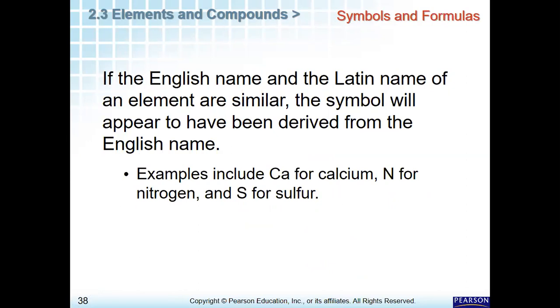We wouldn't use C only as the initial letter, because we have another element starting with C, which is carbon, so calcium will be two letters, Ca. The first one is capitalized, and the second one is going to be a small letter in this case. On the other side, nitrogen, whose name in Latin and English is nitrogen, and sulfur, almost the same idea.